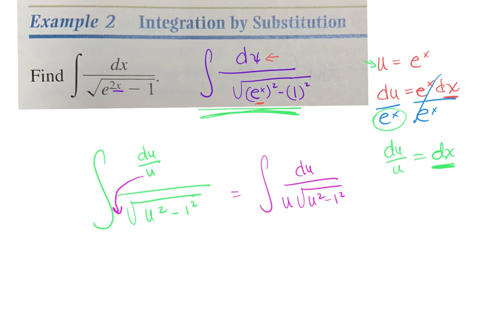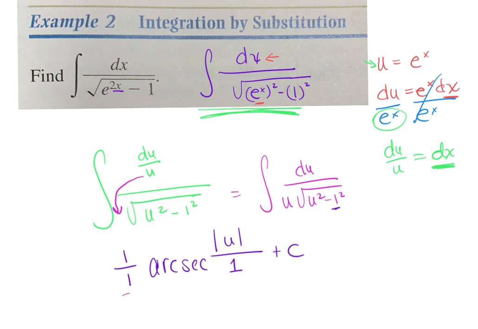So now I can just plug in my arcsecant. My arcsecant says 1 over my a. Well, my a here is 1, right? 1 over a. Arcsecant of the absolute value of my function. Well, here my function is u over my a, which was 1, plus c. And then I'm going to plug in my u.